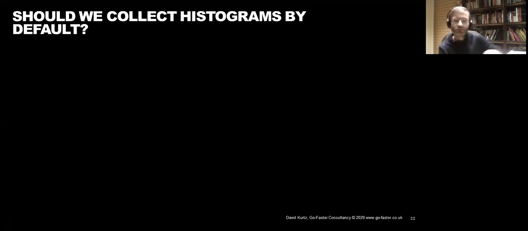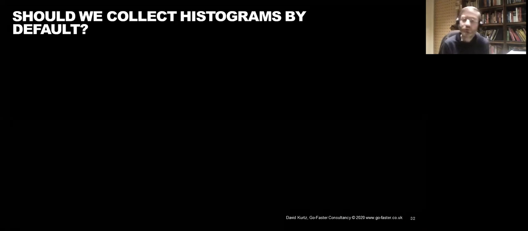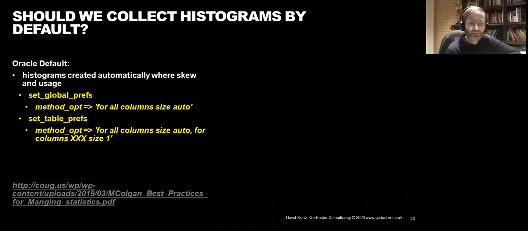So this all starts to raise the question, particularly when we use real-time stats, should we collect histograms by default? And this is a debate that has run for some years, and it depends who you ask. The official Oracle line, as described by Maria Colgan, and I've seen her do it in real life, and you can look up this presentation on the web.